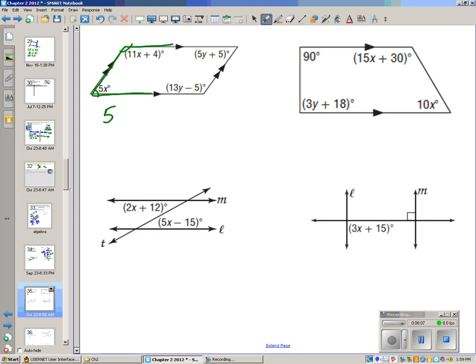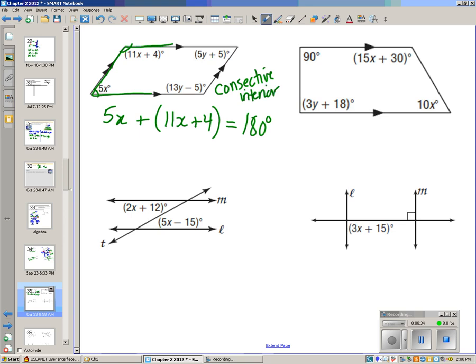So we would say 5x degrees plus 11x plus 4 equals, what's their sum? If they're supplementary, it's always 180. They are consecutive interior or co-interior, so their sum is 180.